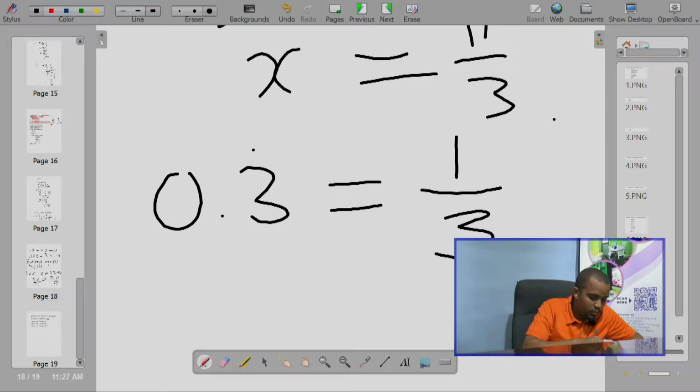So now let's move to another thing. Operation on decimals. In mathematics, we have four operations, as I said earlier: addition, subtraction, multiplication and division.